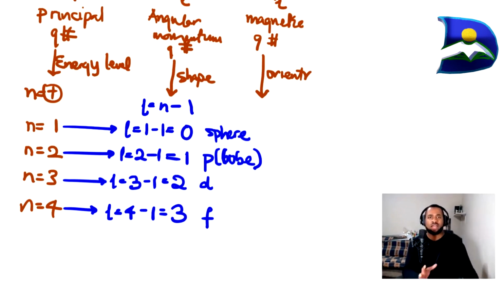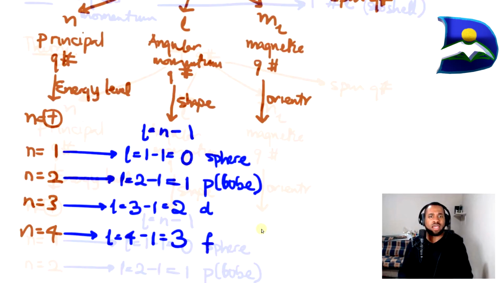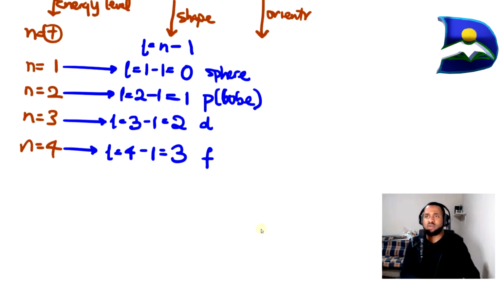And so when you're looking at this, there's something interesting here. We know that the question says angular momentum equals 3. And we know that angular momentum, based on this particular theory, is actually represented as what? Solution.